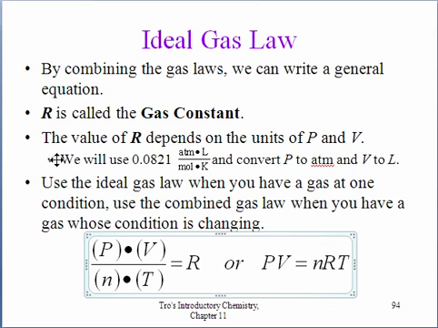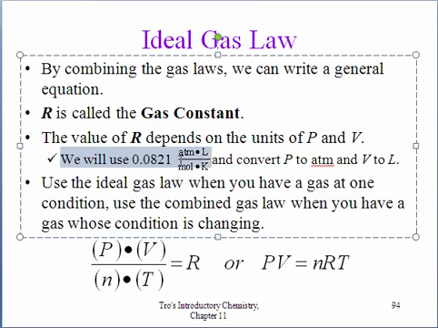So we are going to use a numerical value of R that is equal to 0.0821. This numerical value uses units of atmosphere for pressure and liter for volume. If we use different pressure units or different volume units, then our numerical value changes.